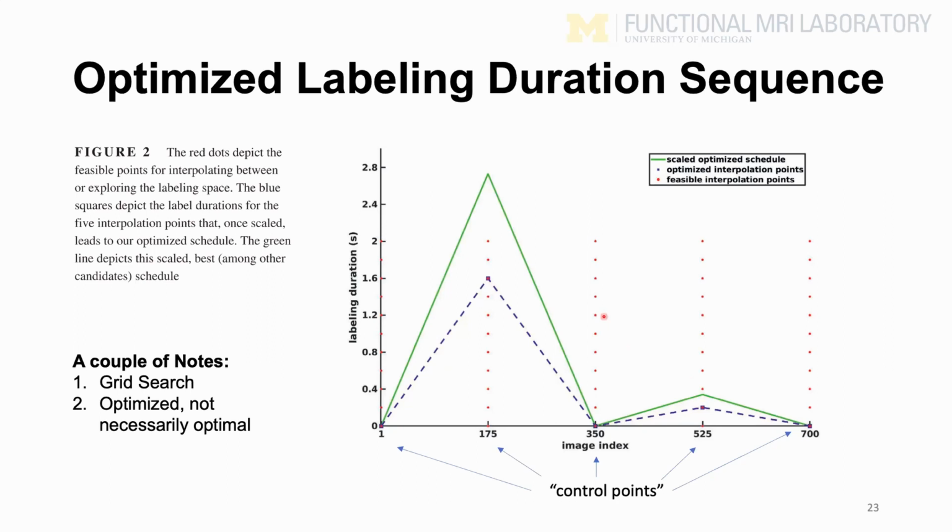All put together, it gives you a nice function that describes the schedule of labeling durations throughout the time series. And another thing we were trying to do is make this thing be 10 minutes long, no matter what. So we would always rescale it so that it would always add up to 10 minutes.